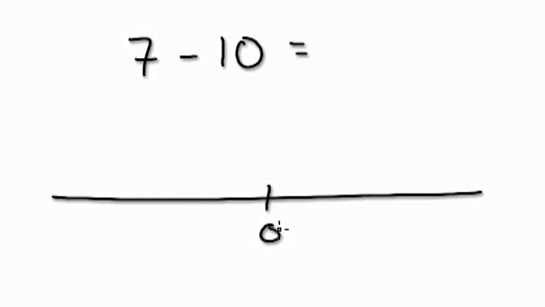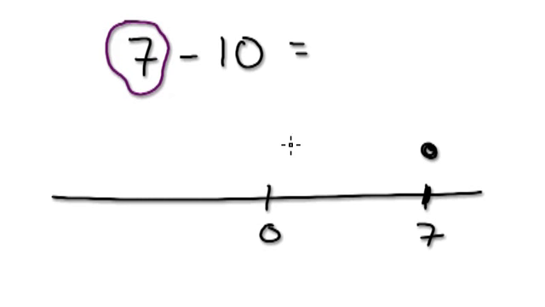Okay, let's do another one. Let's say 7 take away 10. What is that? Well, draw a number line. 0. Our starting point is, say, 7. It could be anywhere. I'm just putting 7 here. Well, go back to 0 first.